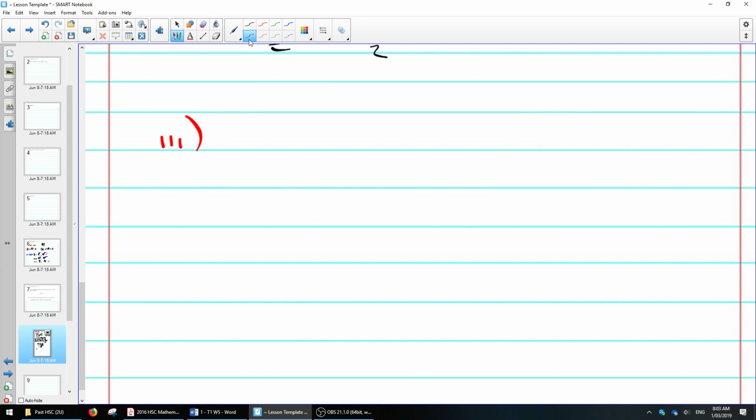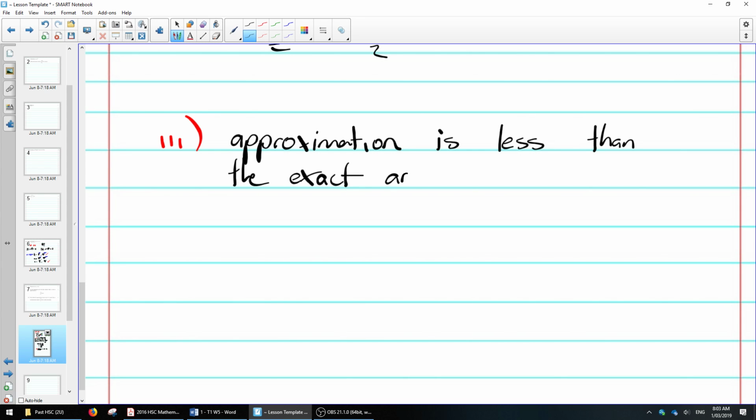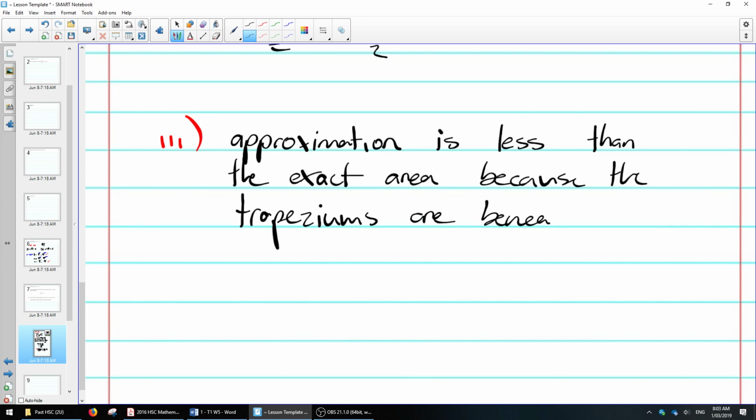I guess we need to say the approximation is less than the exact value, or the exact area, because the trapeziums are beneath the curve.